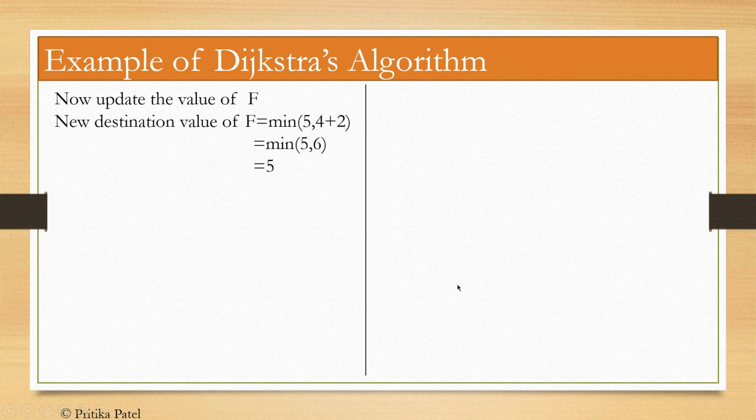So now update the value of F. The new destination value of F is equal to the minimum of the old value of F, which is 5, comma 4 as the marked value plus 2 as the edge weight. So the minimum of 5 comma 6 is 5.